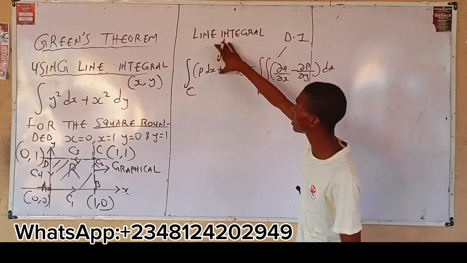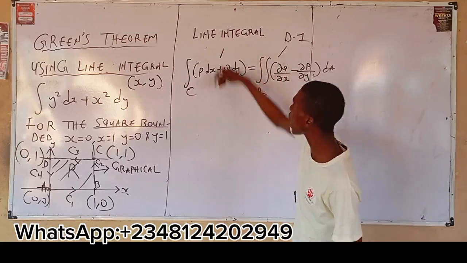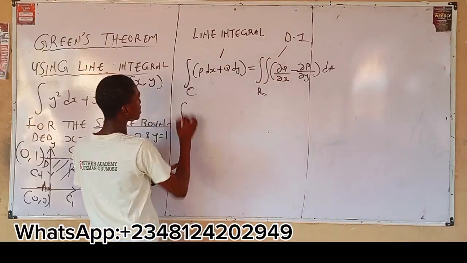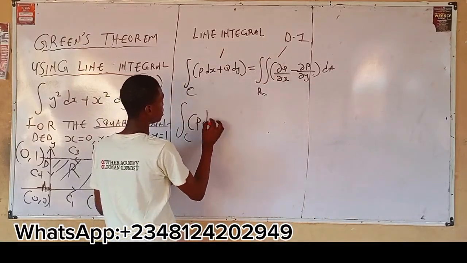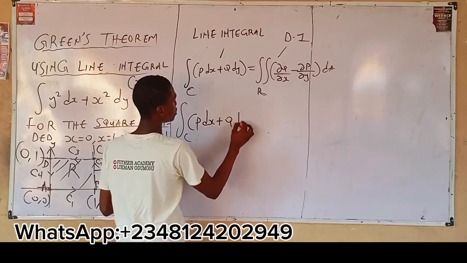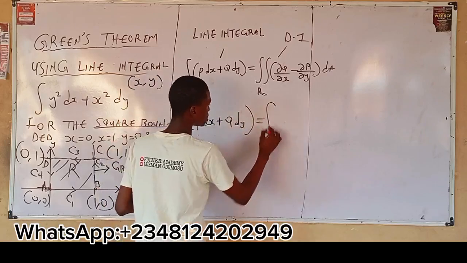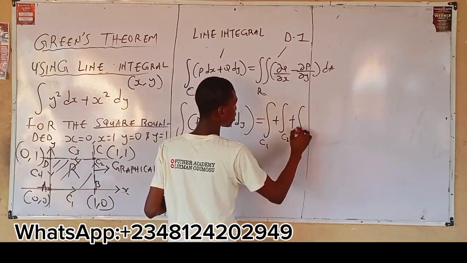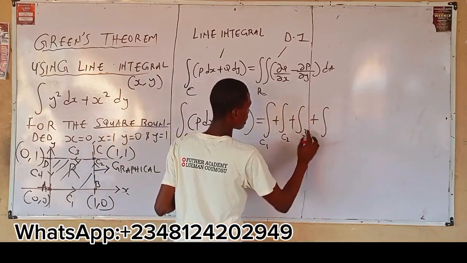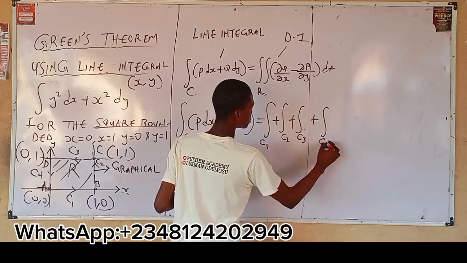So by the time we implement the line integral, I must get 0. So the line integral over C of P dx plus Q dy equals the integral of C1 plus the integral of C2 plus the integral of C3 plus the integral of C4.